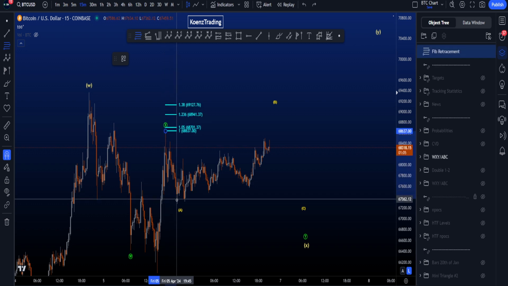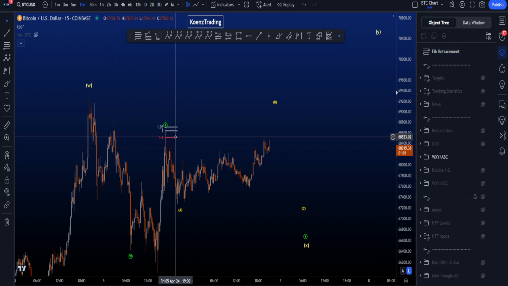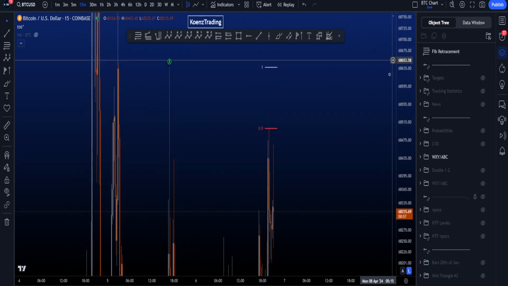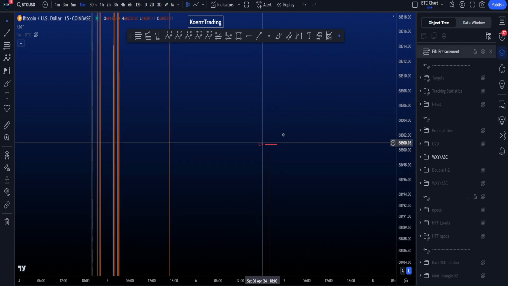Now the minimum target for a wave B in a flat is the 0.9 Fibonacci, and the 0.9 Fibonacci, if I zoom in, has just missed out on being touched.